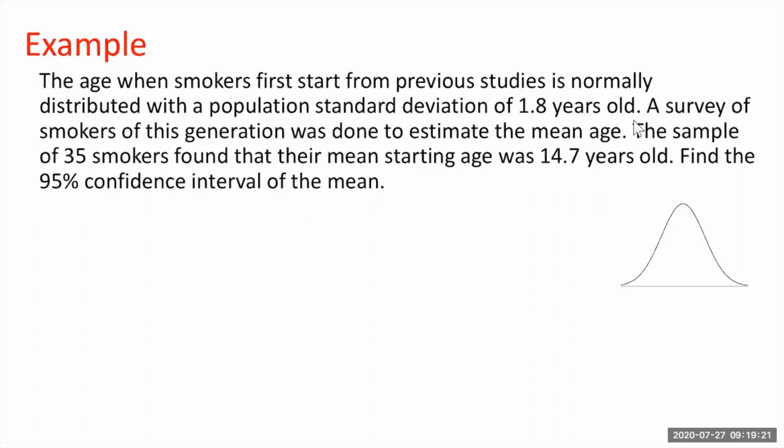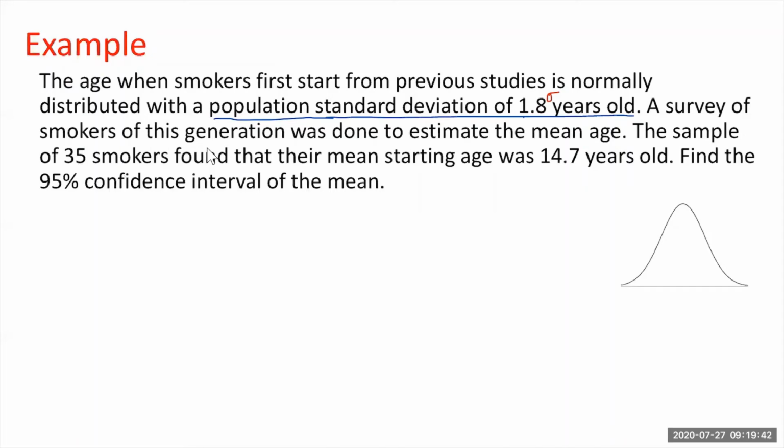Sigma is given. So when population standard deviation is given, that is our first case, sigma is given.